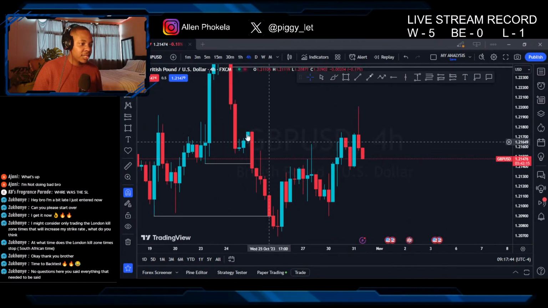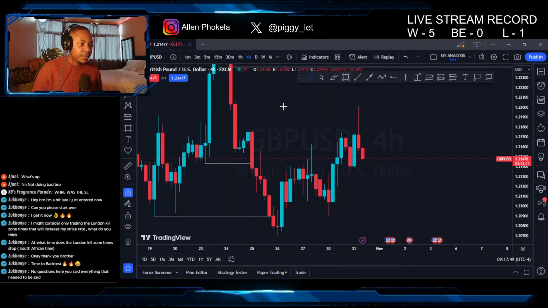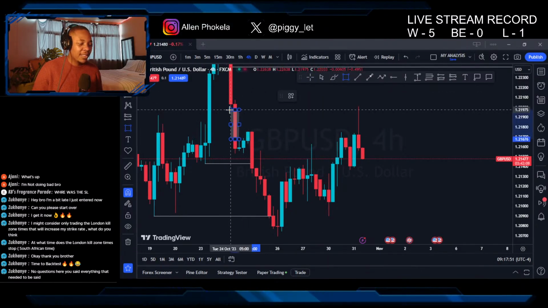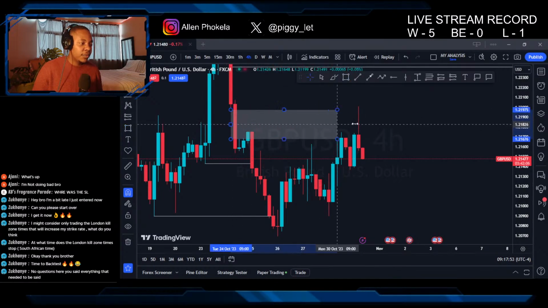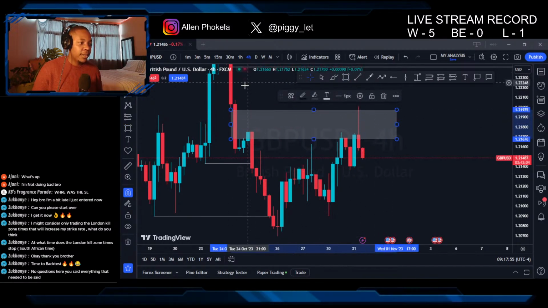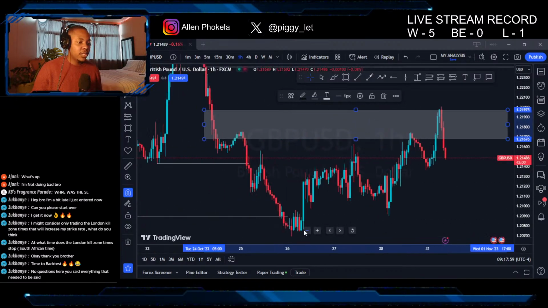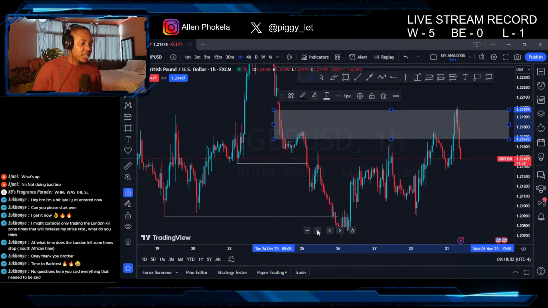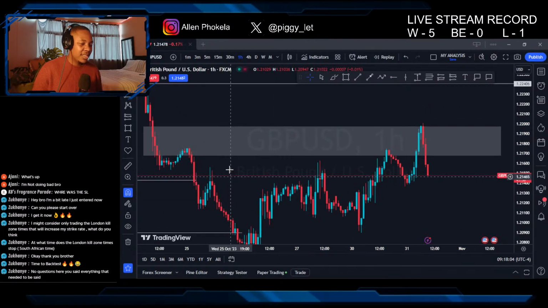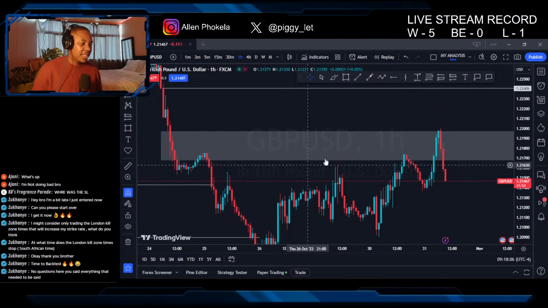And then as you can see here, we have that buy side taken out, and then we also have this H4 CB. Let's go to the H1 to see if a setup, see, as you can see, it wouldn't actually make sense to take this GU as it was on the EURUSD.